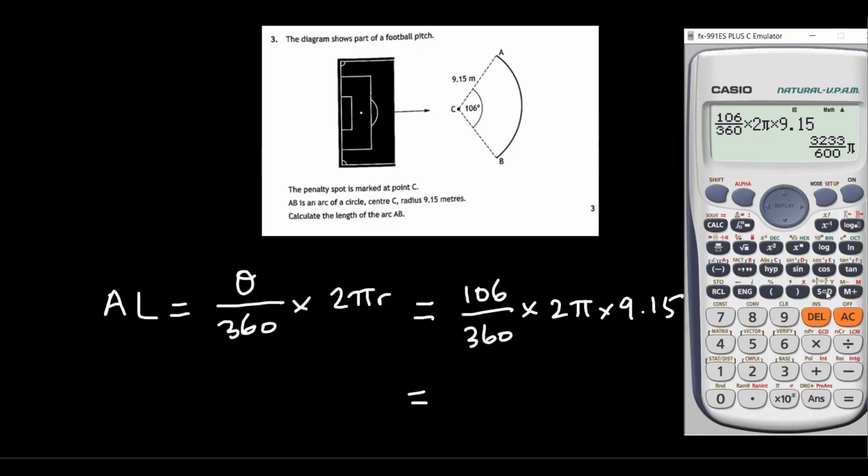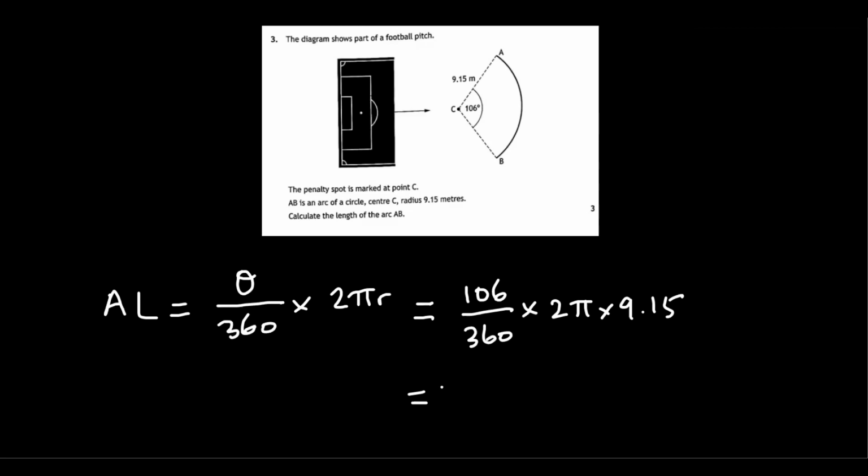And then you just press SD to convert it to a decimal, so it would be 16.927 and so on. So we'll just give it to one decimal place, so that would be 16.9 meters.